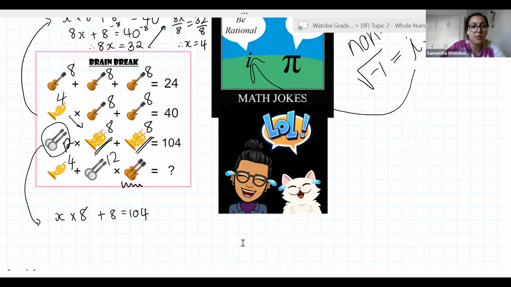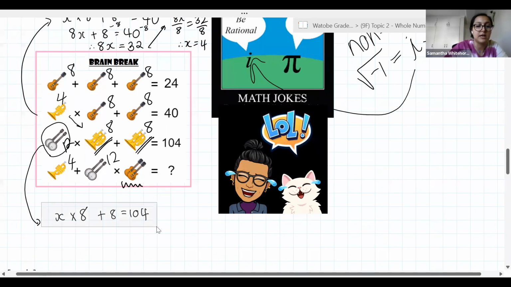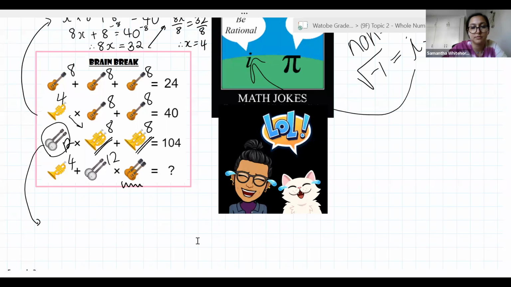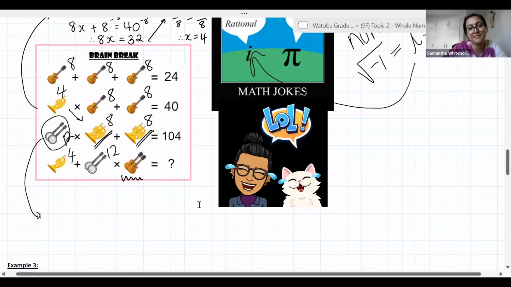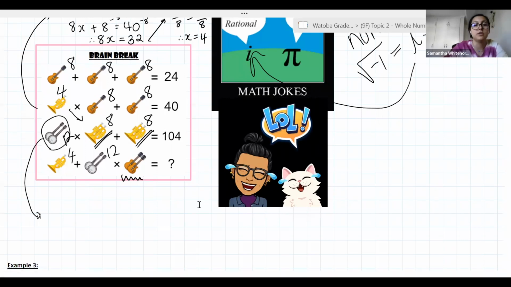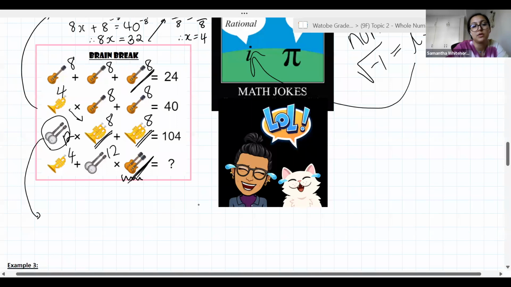So Clement, do you want to help me with the last one? What's the value of the last equation? Ma'am, Mm-hmm. Yeah, I'm not sure. Okay, well, can you help me with this? If one guitar is 8, what is 2 guitars worth? So if 1 is 8, what is 2 worth?